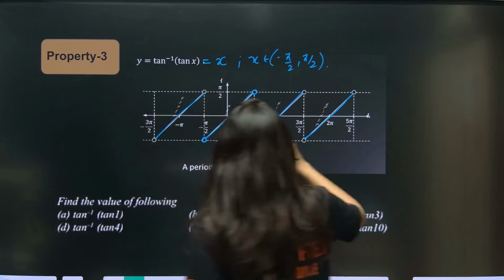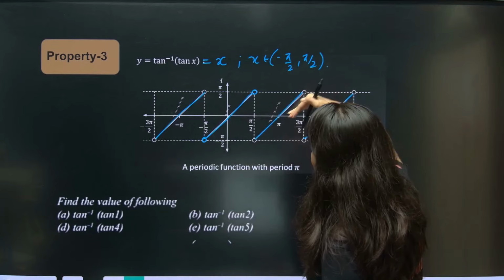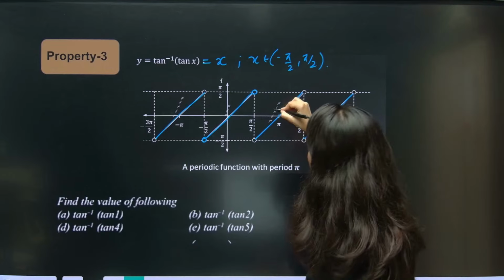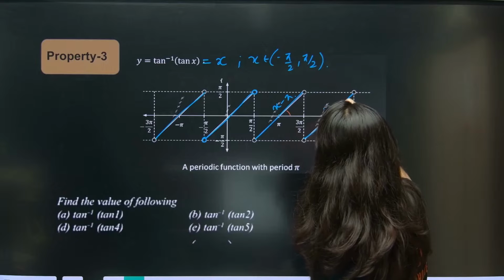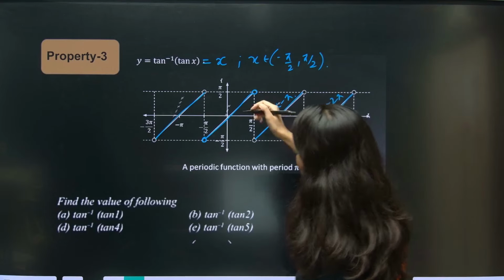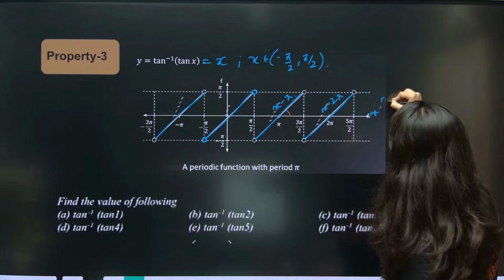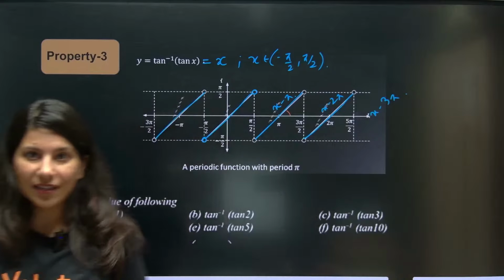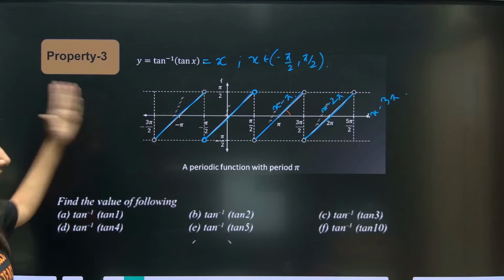The slope is 45 degrees, 1. So this is x minus pi. This is x minus 2 pi. Next will be x minus 3 pi and so on. The left one will be x plus pi, then x plus 2 pi on the negative side.